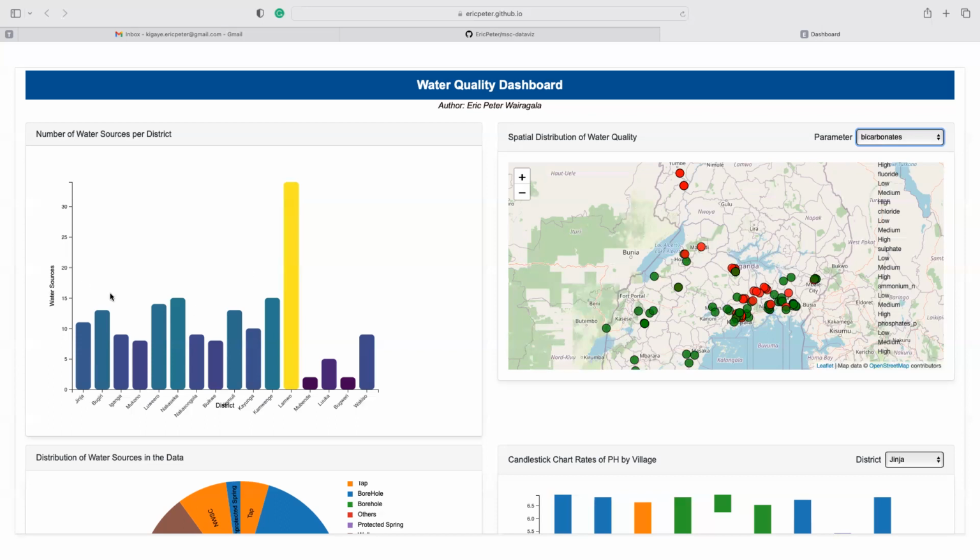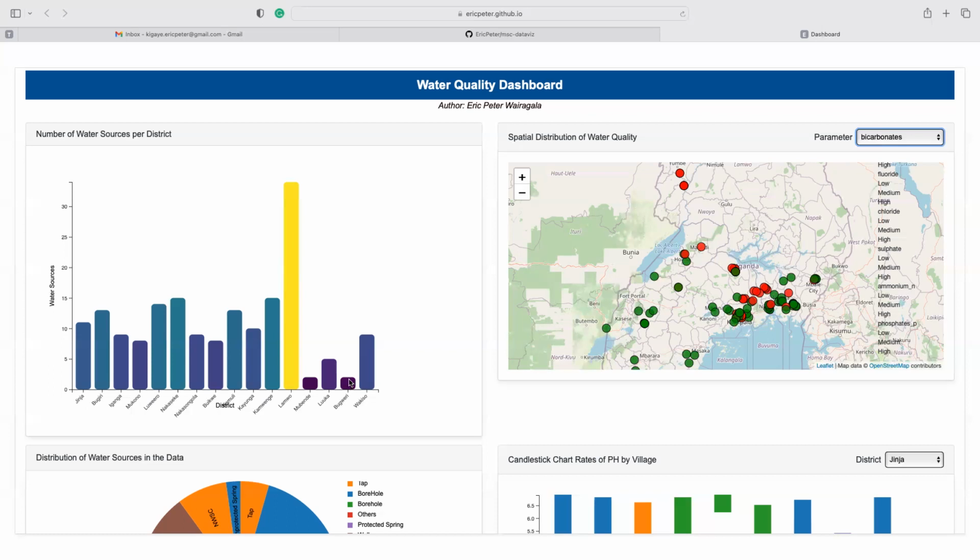And so we are presenting this according to the number of water sources available in that district. Hence to show that there is a high water availability in these regions. And as we can see, Mubende and Bugweri have a lower water source availability.